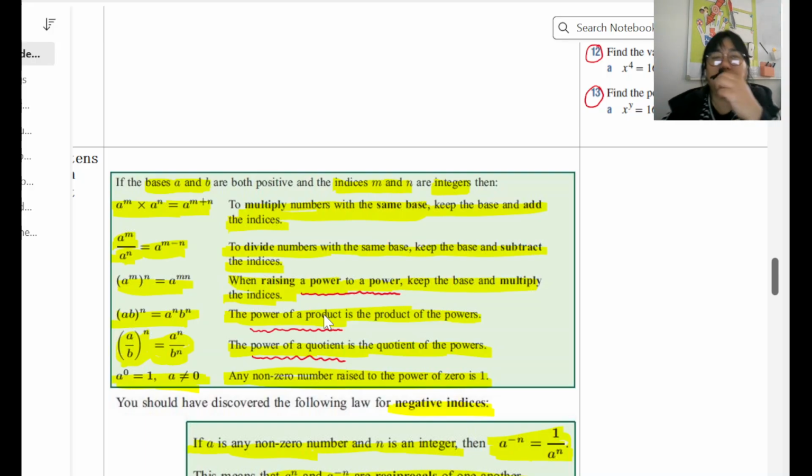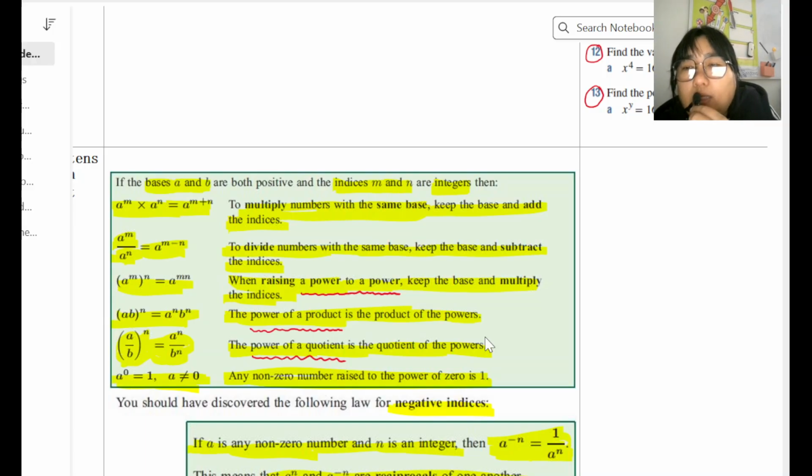Okay, so now guys, when we're talking about indices, that always means we have the same base and we multiply it not only once, so maybe twice or 3 times or 4 times like that.